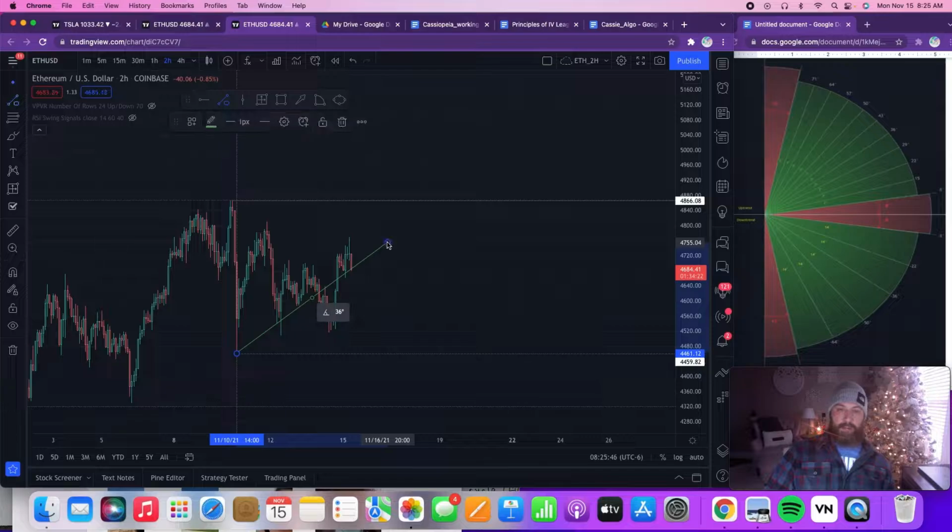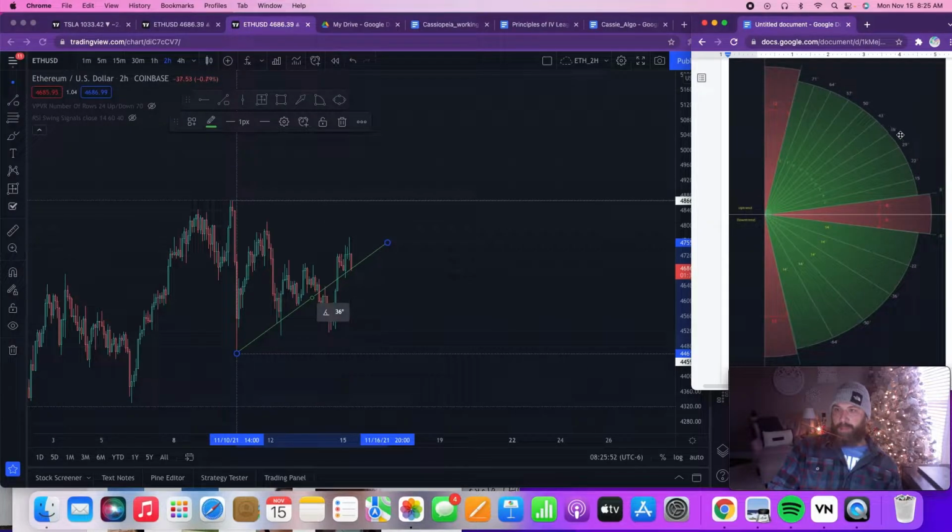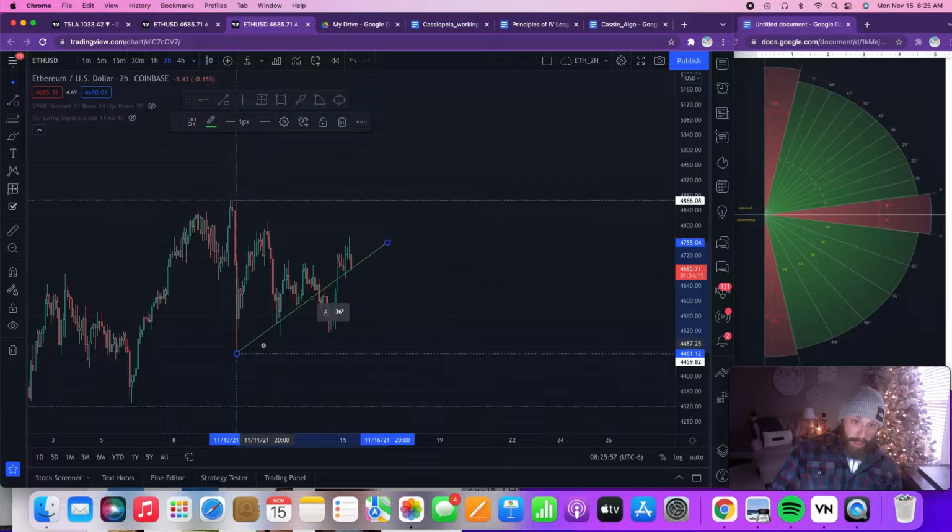So right now, right off the bat, 36 is what's coming into play. You can see right here on the positive value of the Rain Man fan, 36 degrees. I want it to be understood that the angles express what price is doing.